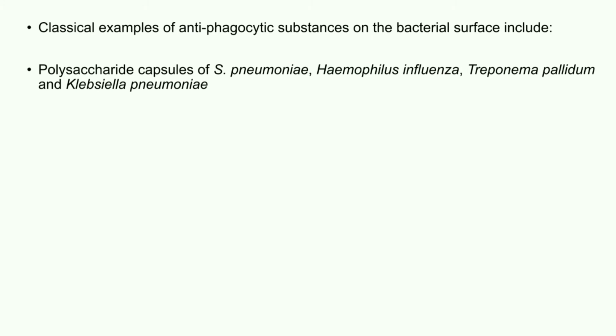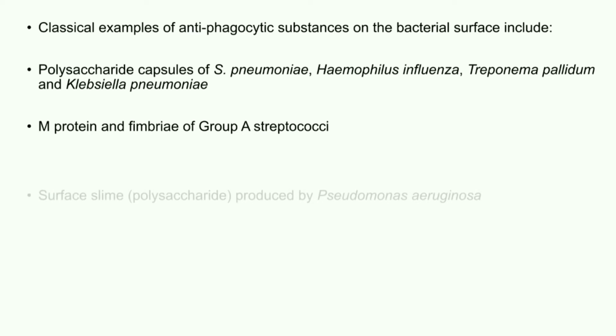The polysaccharide capsule of Streptococcus pneumoniae, Haemophilus influenzae, Treponema pallidum and Klebsiella pneumoniae are all antiphagocytic. The M protein and fimbriae of group A Streptococci are also antiphagocytic, preventing phagocytic engulfment of Streptococci.